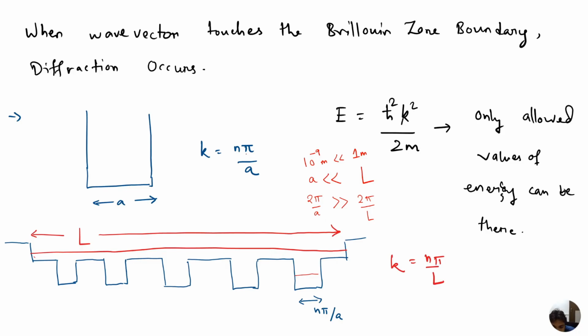Now if you take an integer, so n pi by A is what? Pi by A, 2 pi by A, 3 pi by A, and so on. So the gap between these two is really very large than this pi by L, 2 pi by L, 3 pi by L. So the gap between these two and the gap between these two, which one will be more?